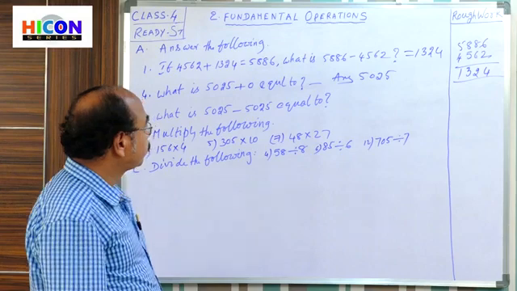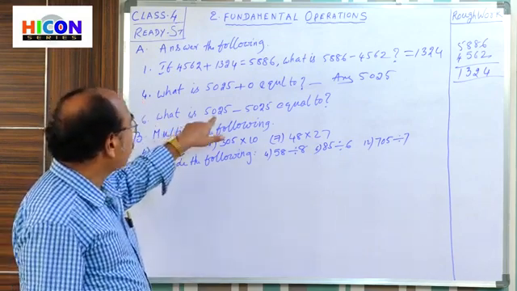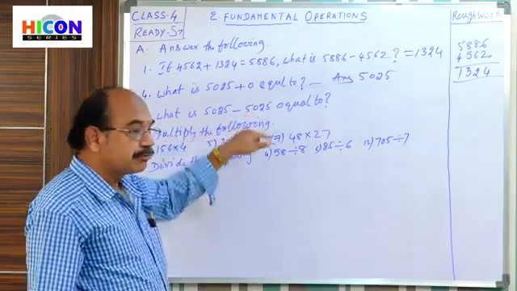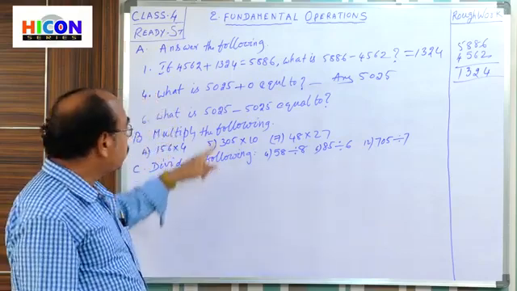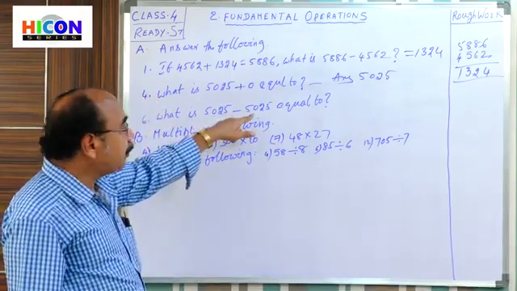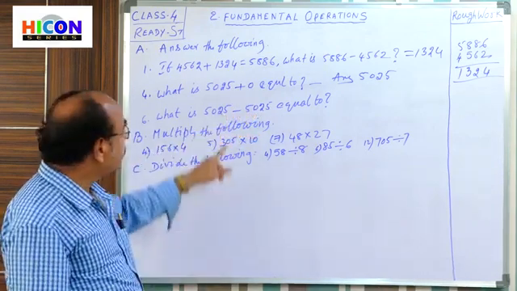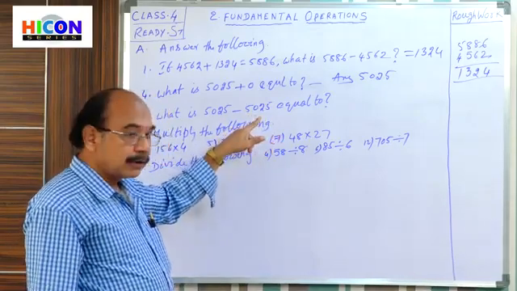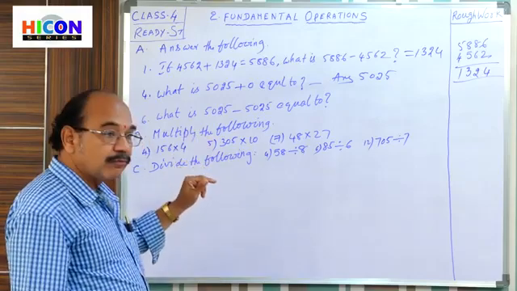Next. Now, the sixth one, what is 5025 minus 5025 equal to? In this problem, observe, the same number is subtracted from the given number. Here the given number and the number which is subtracted, both are same.